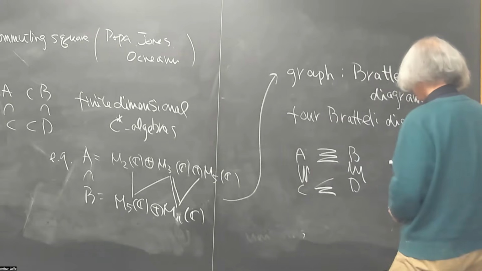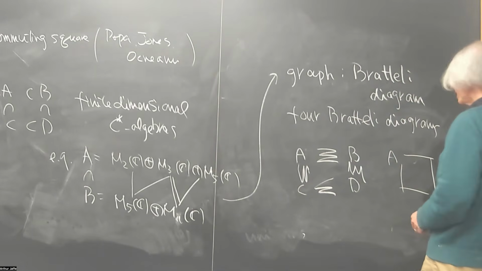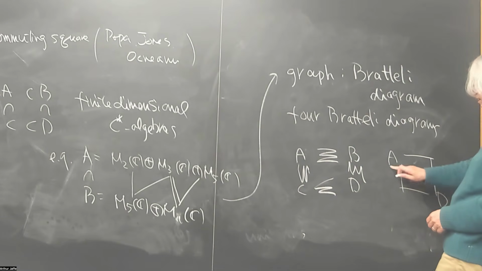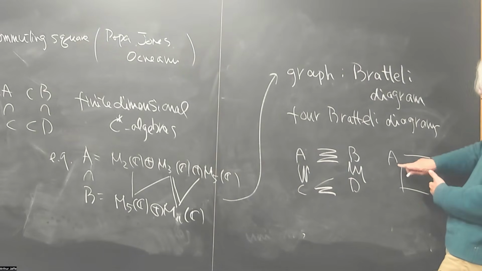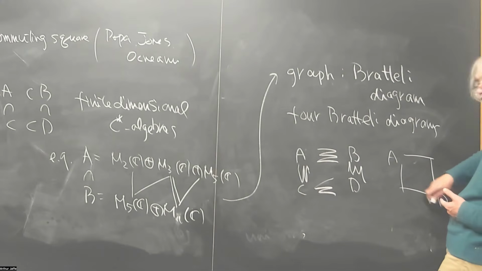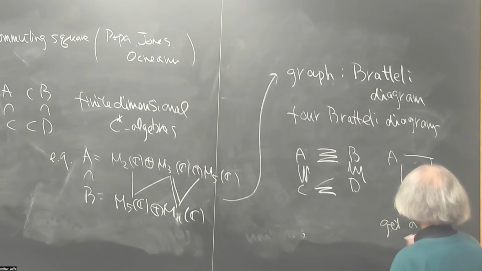So if we have two edges here, they give 2 ways of embedding this one direct summand into another direct summand here. Then by comparing these 2 embeddings, we get a number, a complex number.